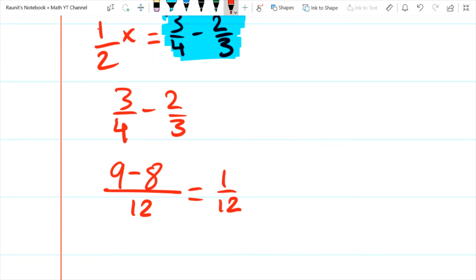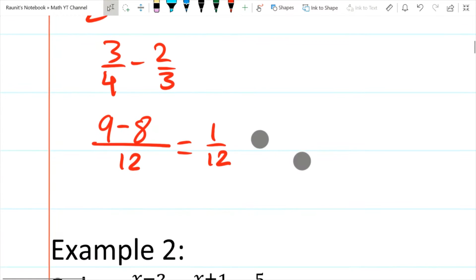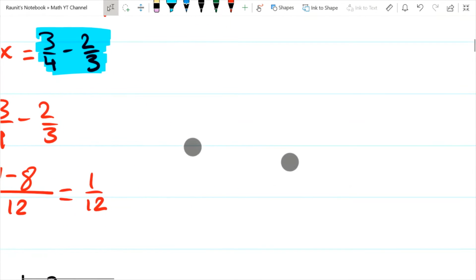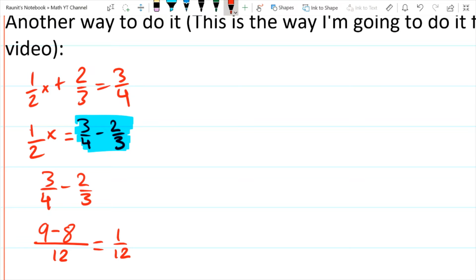Now, we have 1/2 x equals 1/12. So now we would multiply it with its reciprocal. A reciprocal is basically when you flip the numerator and the denominator.